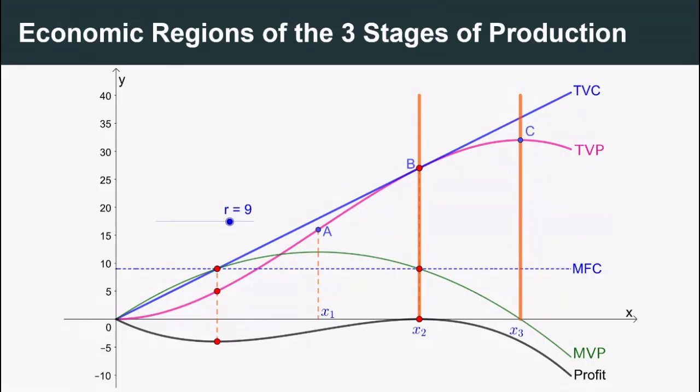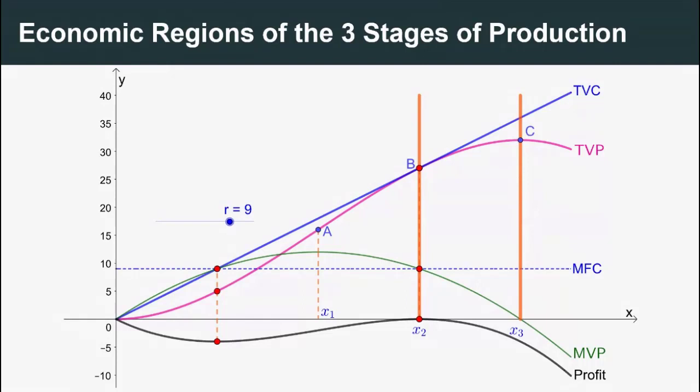Before we start to find out what is the input level that will maximize profit, you might wonder, are there regions where the input use is not economical? For the typical production function, if you still remember, there are 3 stages of production, and they are separated by the elasticity of production, or factor elasticity.